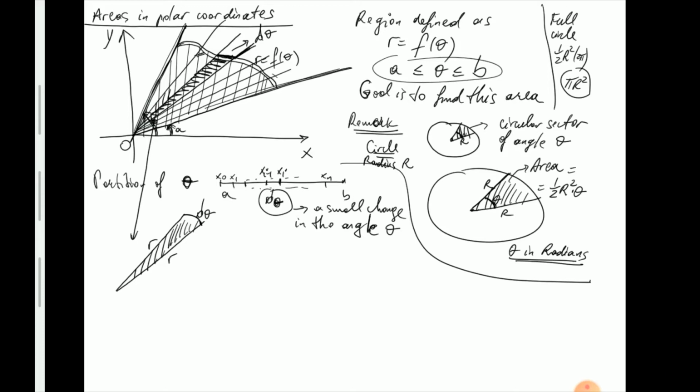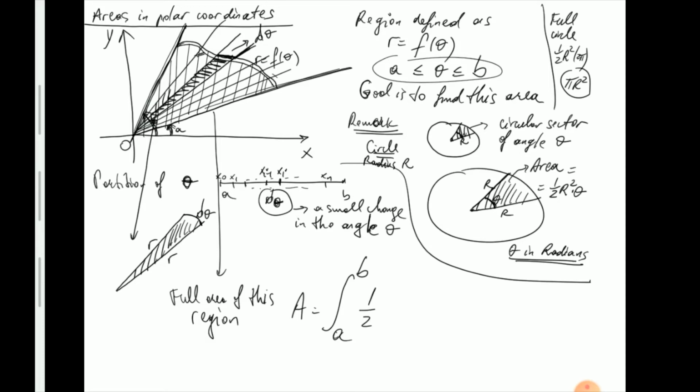And for that reason, the full area of this region, the formula for the area, will be the integral over the domain for theta, which is A to B in my formula, and the formula for the area of a circular sector, 1/2 the radius to the power 2 as a function of theta, d theta.